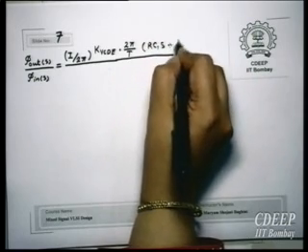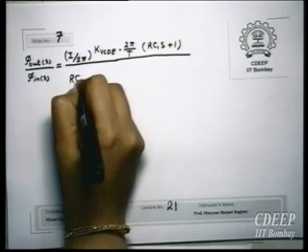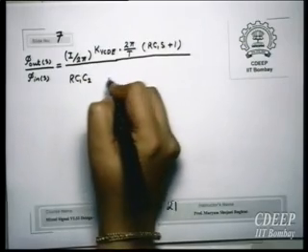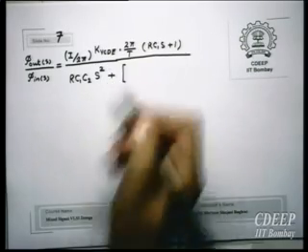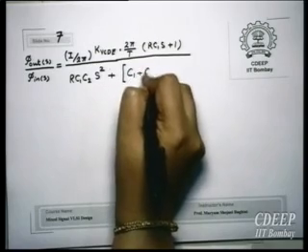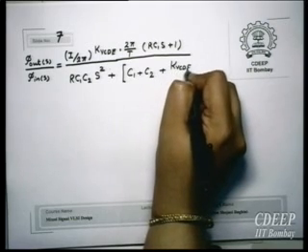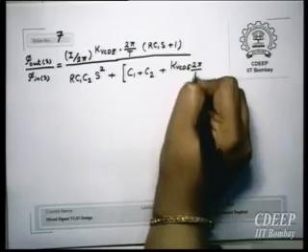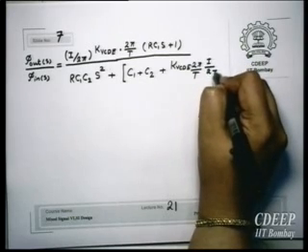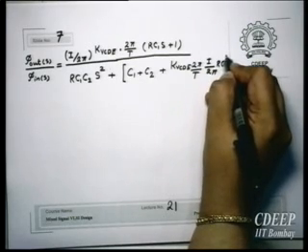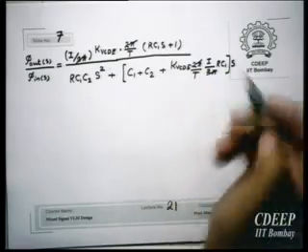R C1 s plus 1, that is 0, and then we will have R C1 C2 s squared plus (C1 plus C2) plus 2 pi upon T, 2I upon 2 pi R C1 into s. 2 pi will get cancelled, 2 pi will get cancelled.